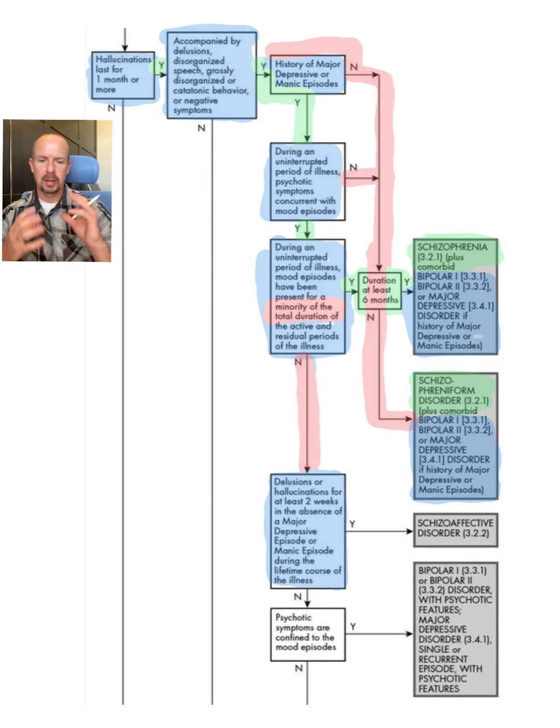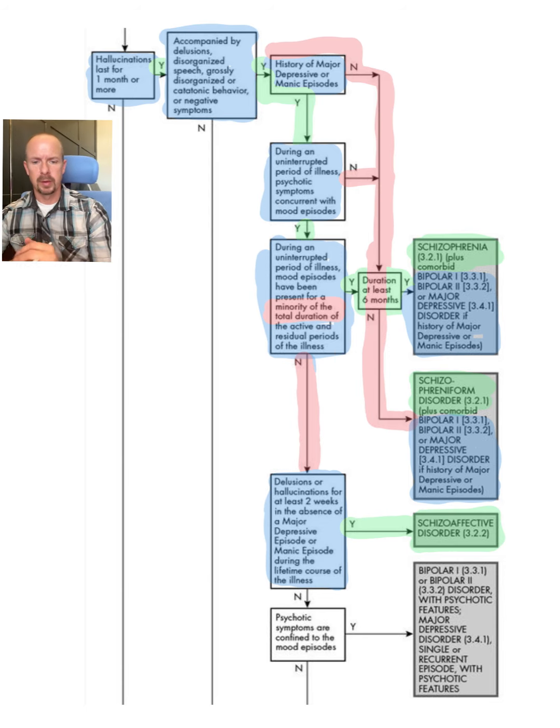So if that person was having concurrent mood episodes and then all of a sudden there's 2 weeks where there are no mood episodes going on, but the hallucinations and delusions continue to happen, that's when we go over to the interesting diagnosis of schizoaffective disorder, which I've had multiple clients diagnosed with.